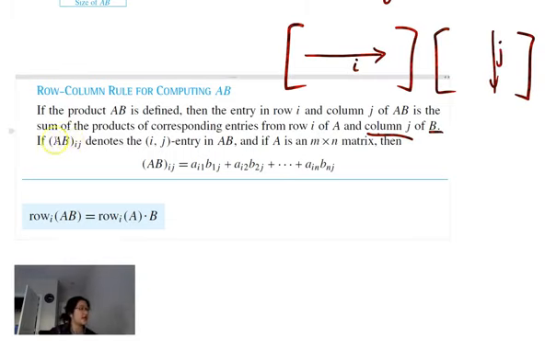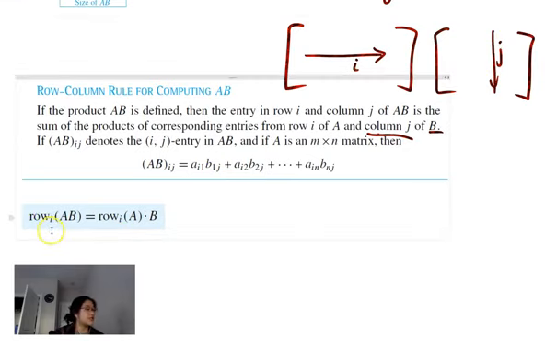And if (AB)_ij denotes the ijth entry of our product AB, then (AB)_ij is going to be the sum of these products, where our inner number matches and indexes up, but our i for A's row and j for B's column do not change.